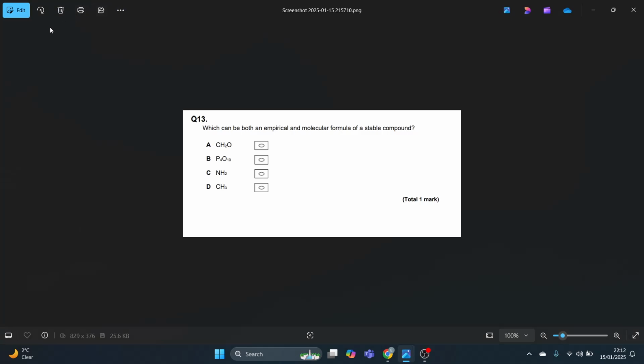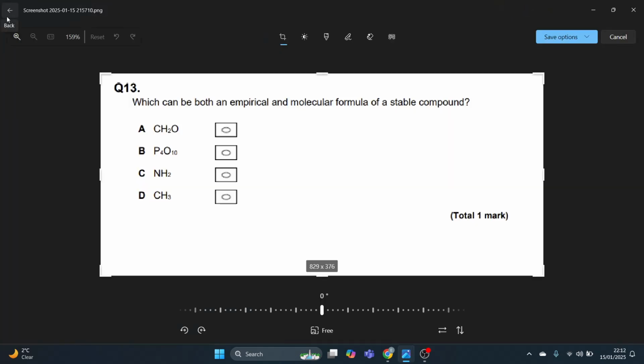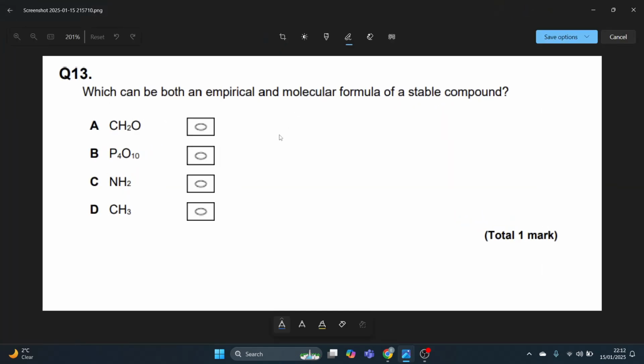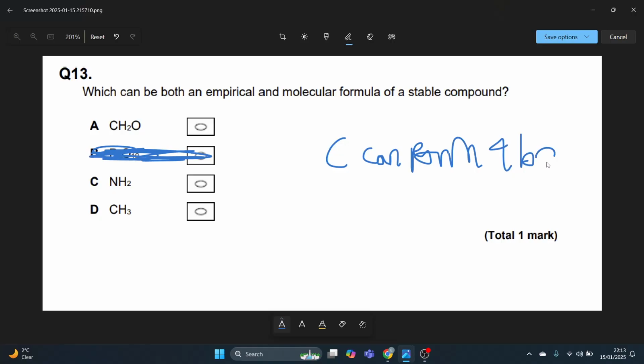Question 13. Which can both be empirical formula and molecular formula of a stable compound? Now I can already see it's not going to be B, that's P4O10, that can be simplified to P2O5. Left with A, B and C. Now CH3 is not going to be stable because carbon can form 4 bonds, so that's what it's going to want to do.